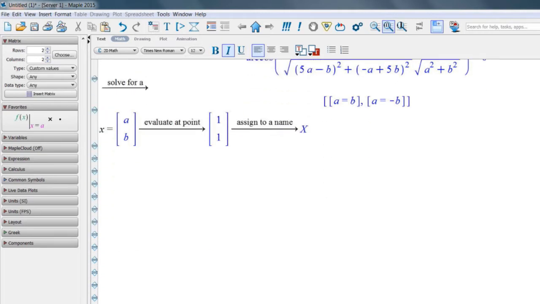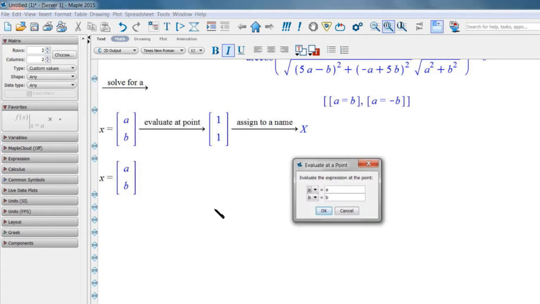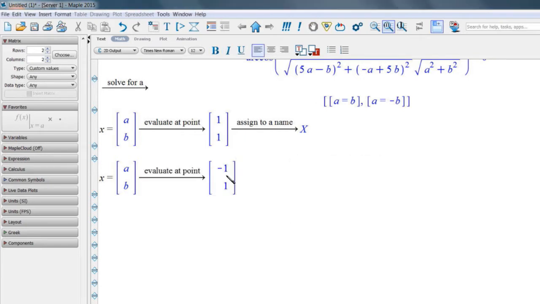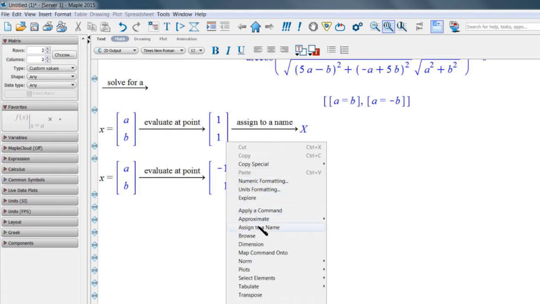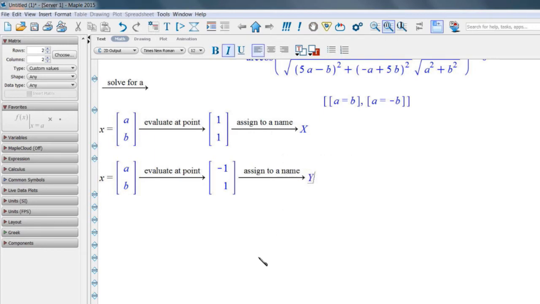And the other one is X. Let's set A equals minus B. Well, one will be positive 1 and one will be negative 1. Okay, let's call this Y. And again, I think I used Y before, so Maple will remind me.